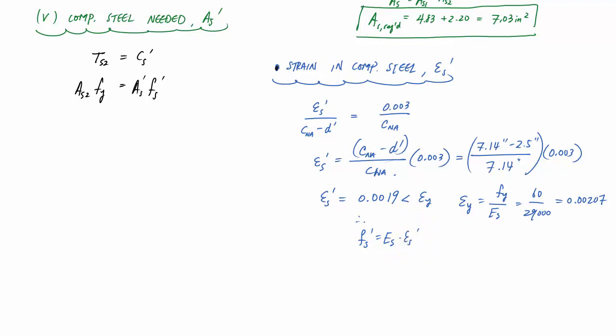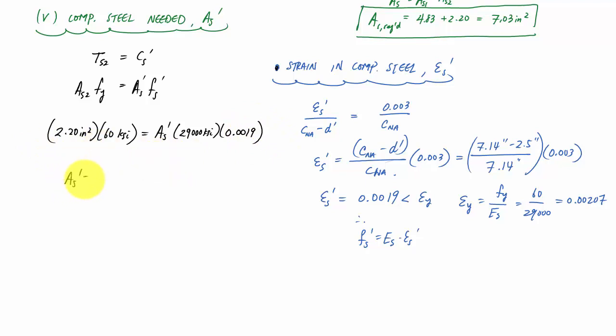And so I go back to the equilibrium equation. I know As2, that was 2.20 inches squared times 60 ksi is equal to As prime times, by Hooke's law, 29,000 ksi times the strain in the steel, which is 0.0019. And so now I just have to solve for As prime.